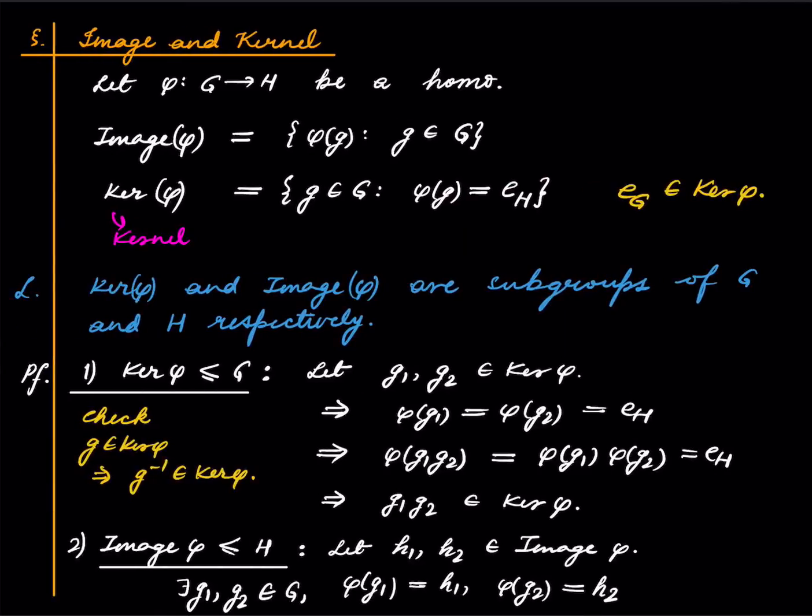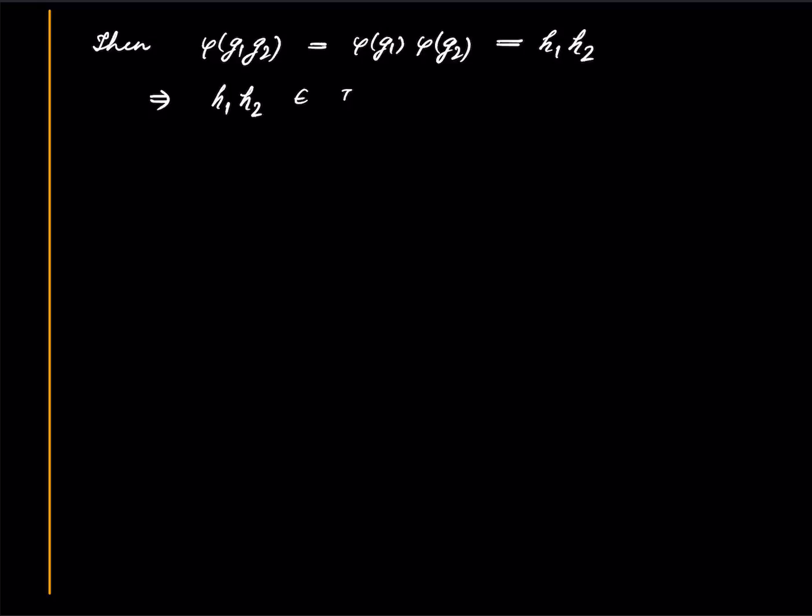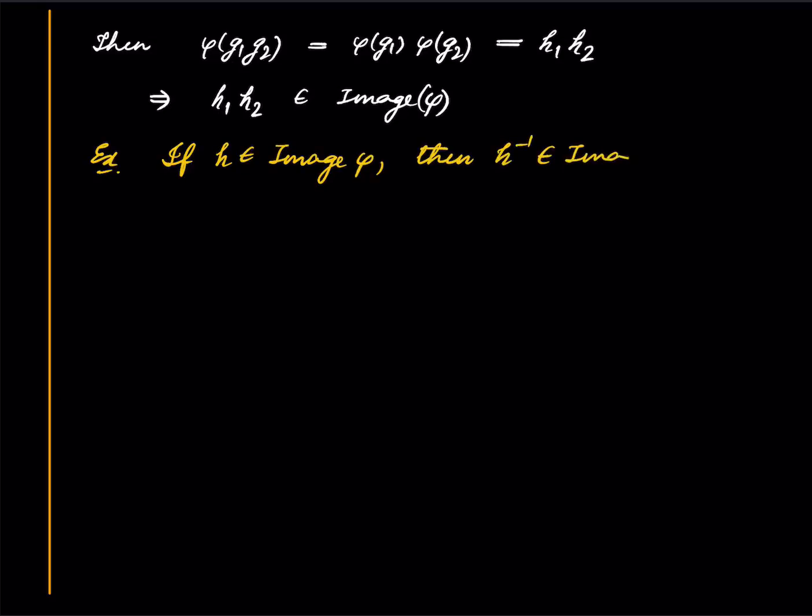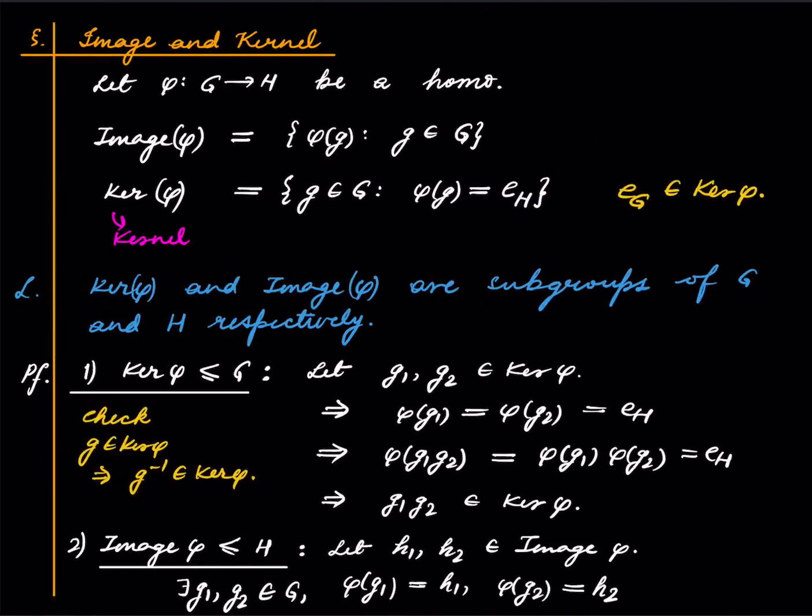Then phi of G1 G2 is phi G1 phi G2 by the fact that phi is a group homomorphism. So this is H1 H2, which implies H1 H2 is also in the image of phi. And as an exercise, check that if H is in image phi, then H inverse is in image phi. And with these two things, we see that image phi is a subgroup of H.